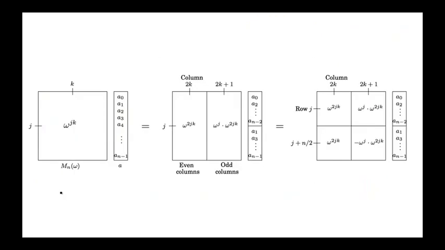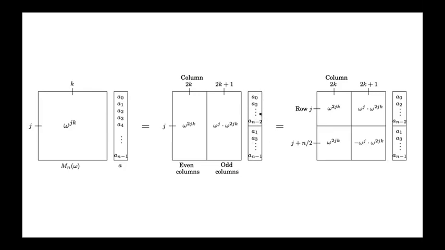So what's the structure of the Fourier transform matrix? Remember, the jkth entry of the Fourier transform matrix is omega to the jk. Now what we're going to do is sort the inputs in a clever manner. So we sort them into the even numbered ones and the odd numbered ones.